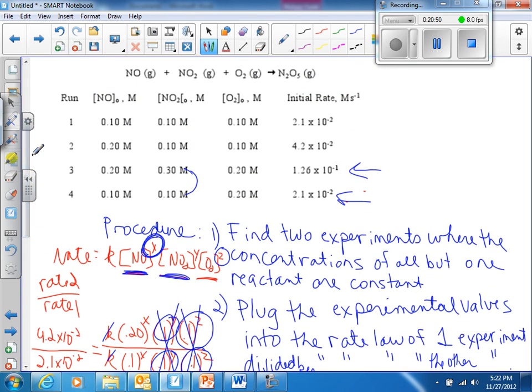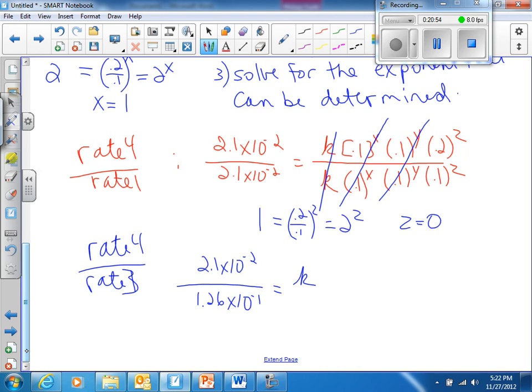So 4 is 0.1, 0.1, 0.2. 0.1 to the x, 0.1 to the y, 0.2 to the z, over rate 3.